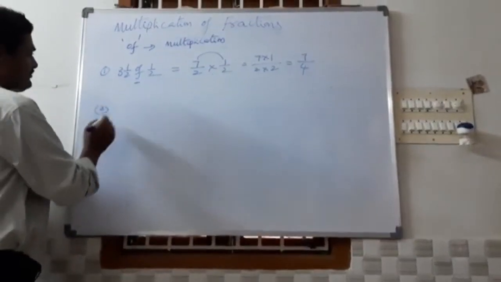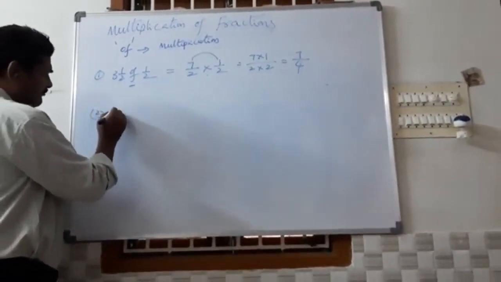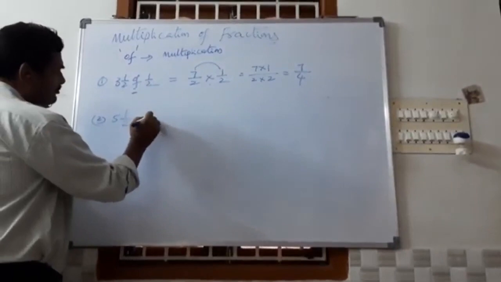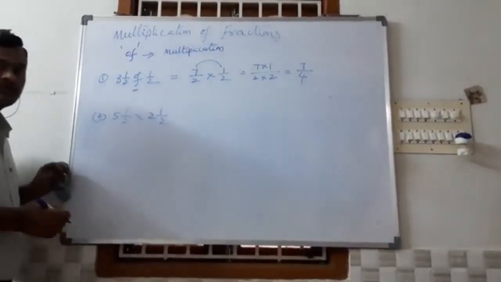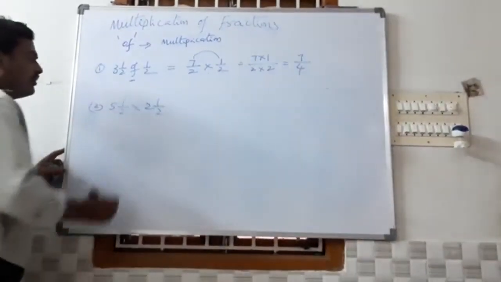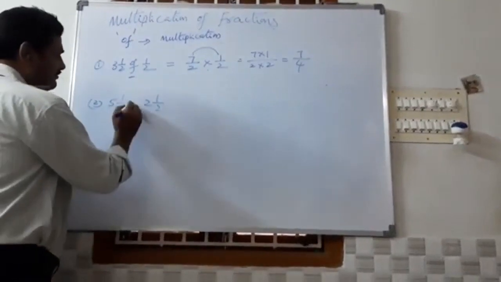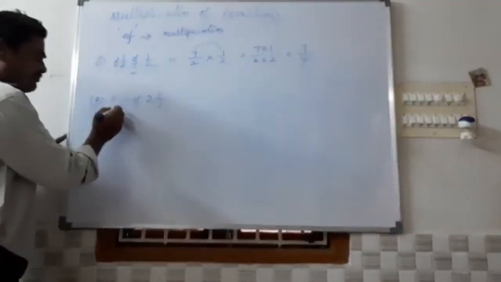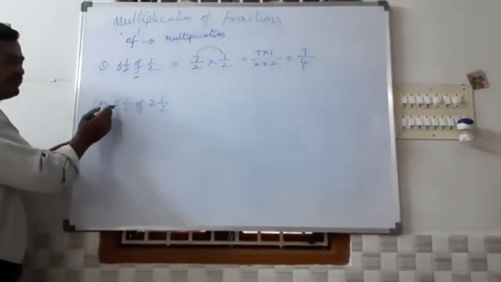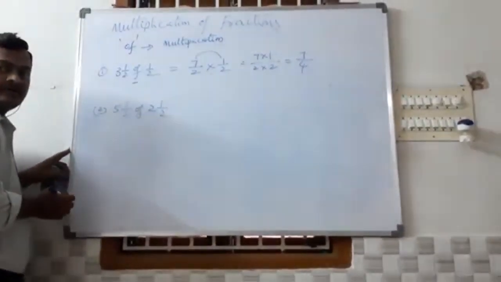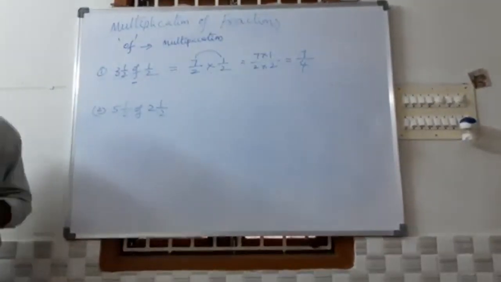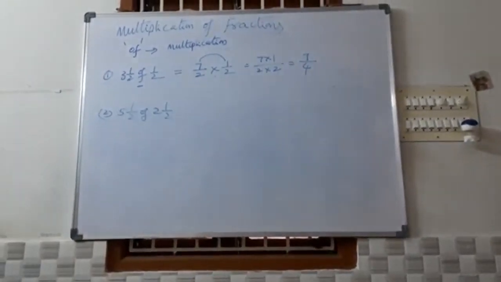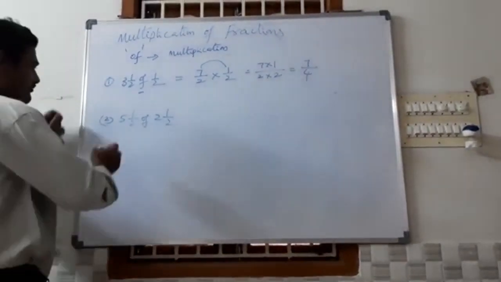If you take one more example: 5 1 by 2 of 2 1 by 2. Now this mixed fraction should be converted into an improper fraction first. First 5 1 by 2.